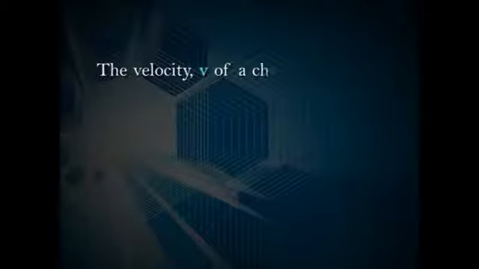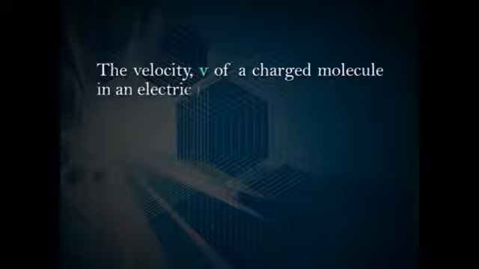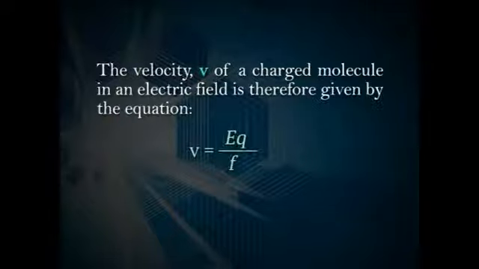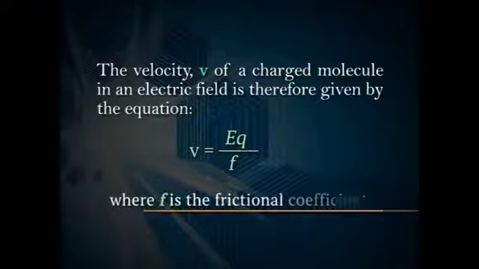The velocity v of a charged molecule in an electric field is therefore given by the equation v equals EQ divided by F, where F is the frictional coefficient. The term electrophoretic mobility m of an ion is commonly used, which is the ratio of the velocity of the ion to the field strength, given by v divided by E.